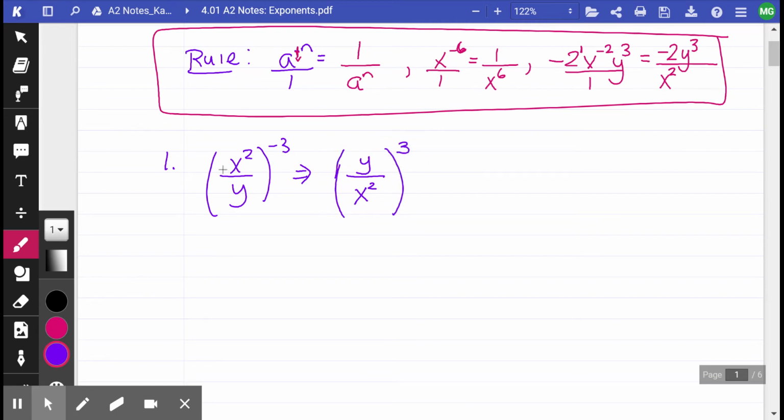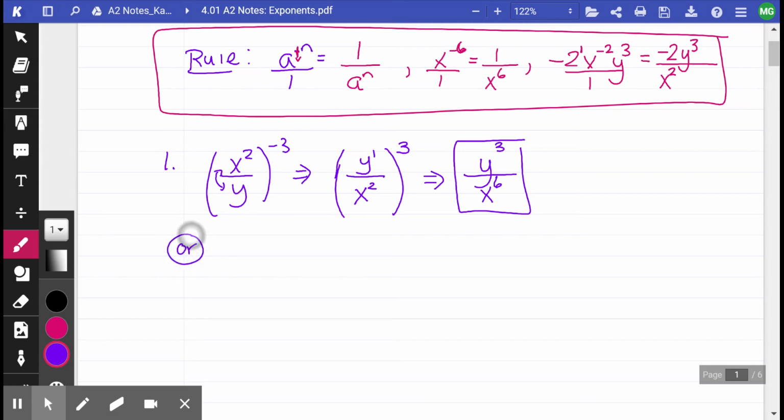Once you flip it, then it becomes positive. And then you can simplify by just distributing it in. So y to the 1st raised to the 3rd, when you raise a power to a power, you powerply, which means you multiply. So that would be 1 times 3 is 3, over x to the 2nd raised to the 3rd, so 2 times 3 would be x to the 6th. Again, negative exponents take the reciprocal of that.